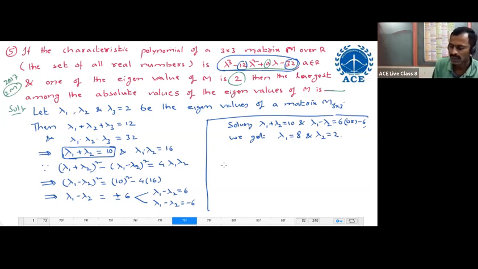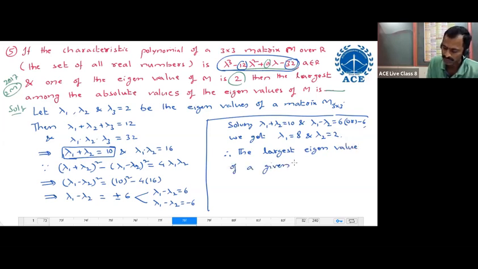Because they are positive, out of 2, 2, 8, the largest one is 8. Therefore, the largest eigenvalue of the given 3 by 3 matrix M is 8.